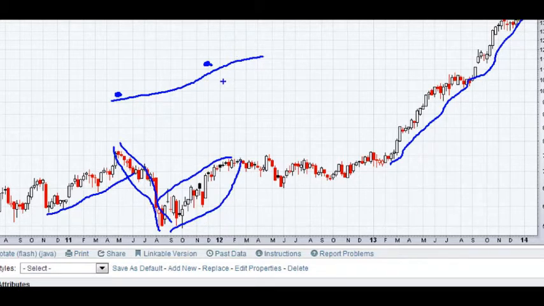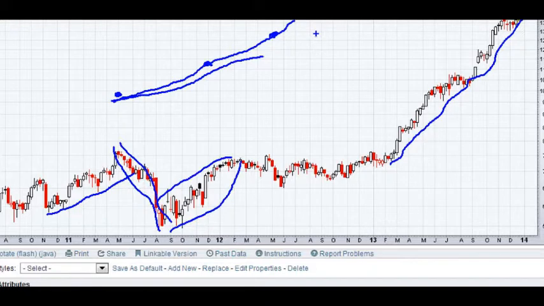Is that really a trend? Well, if we have a third one, the odds of it being a trend are much greater. We can say we actually have a real trend going on here, not just two dots we're connecting with a line. And this would be an upward trend, a series of higher lows.